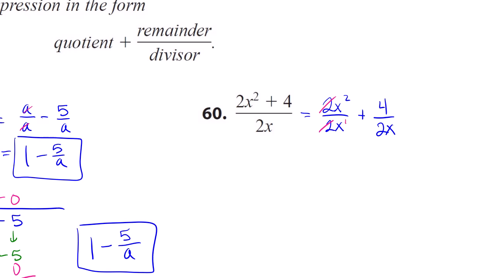And with the x's, they're like bases, so I can subtract the exponents when I divide. 2 minus 1 is 1, but anything to the first power is itself, so that can be invisible. Then here I can reduce: 4 divided by 2 is 2, so I get 2 on top, but that x is still on the bottom, and I don't have any x to combine it with on top, so the x just stays on the bottom. All right, so that's our final answer.